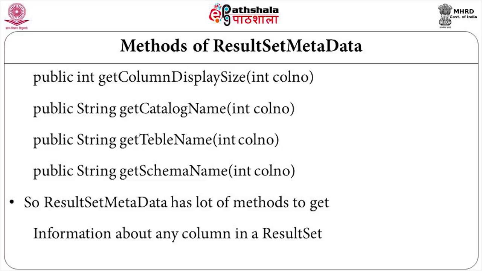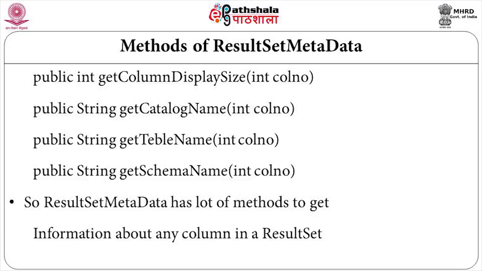We got a lot of other methods in the java.sql package. For example, you even have a method like getColumnDisplaySize: what is the appropriate size for this particular column, which I might use in my application if I'm allocating some space for it. Or we might be interested in other metadata, like getCatalog, or in knowing which table this column comes from, or which schema it belongs to.